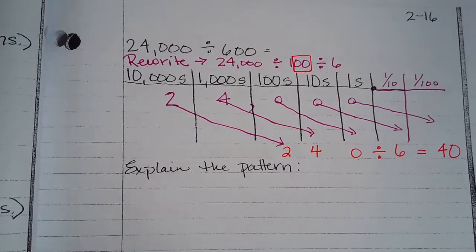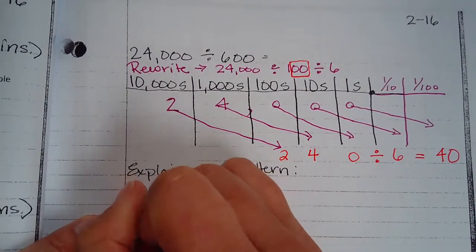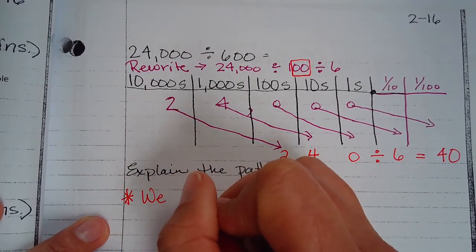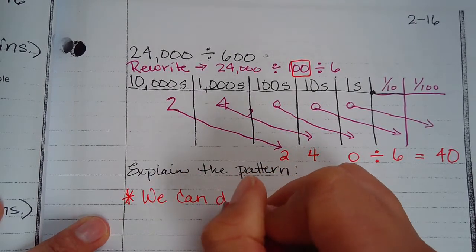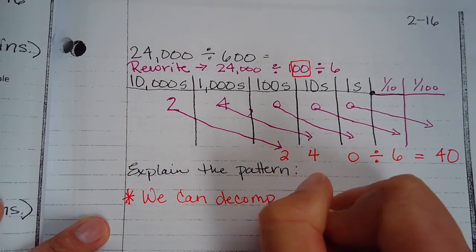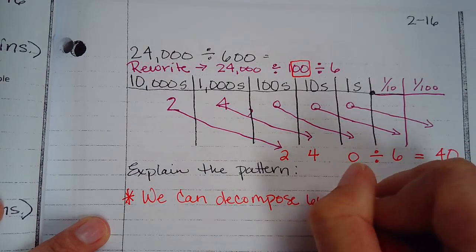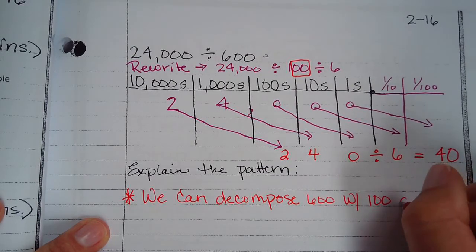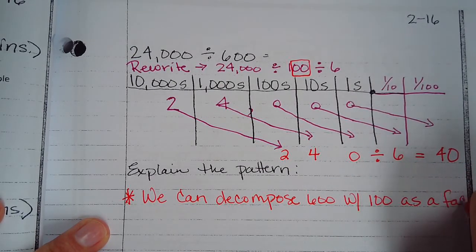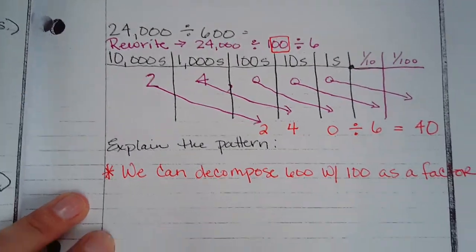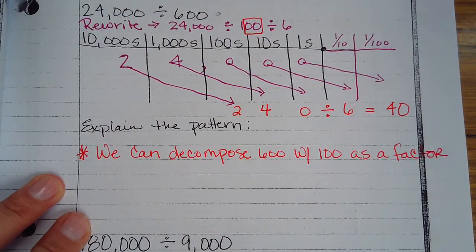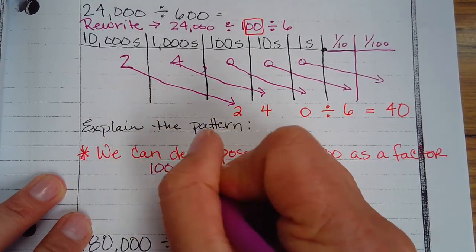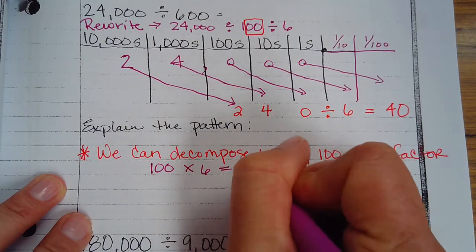So let's explain the pattern. So right here, we can decompose 600 with 100 as a factor. Okay, you want to write this down. So 100 times 6 is 600.